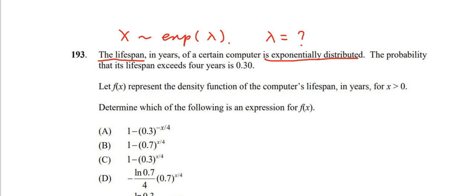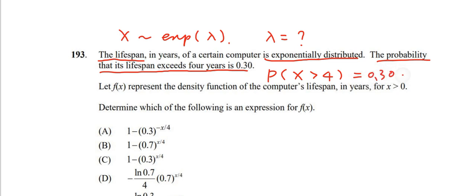We have the condition that the probability that it exceeds 4 years is 0.3. This means the probability that X is larger than 4 equals 0.3. From here we can find lambda.